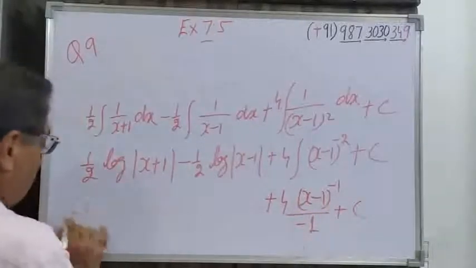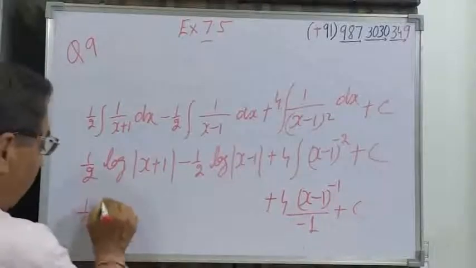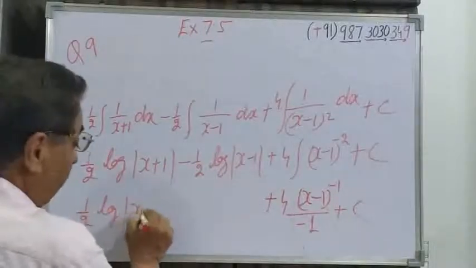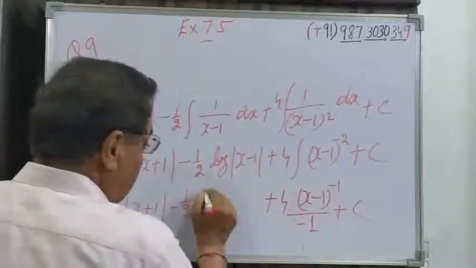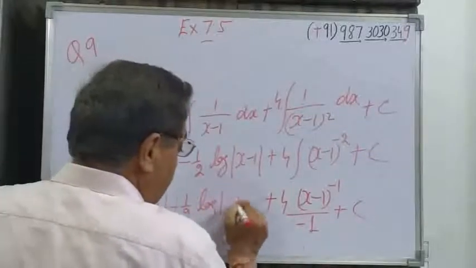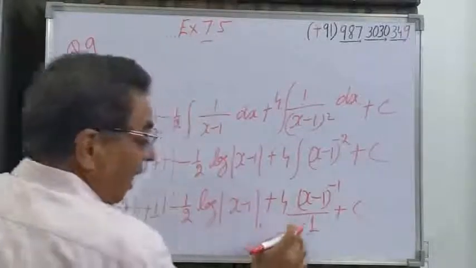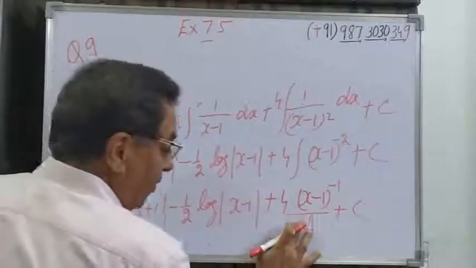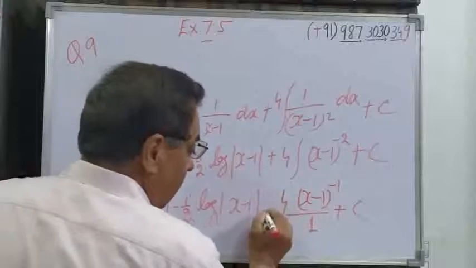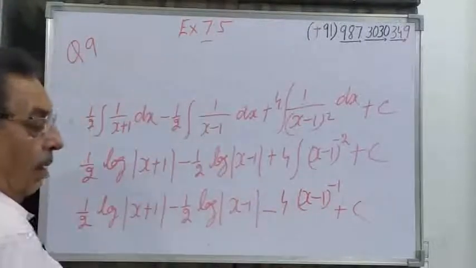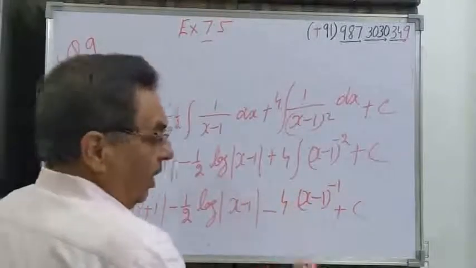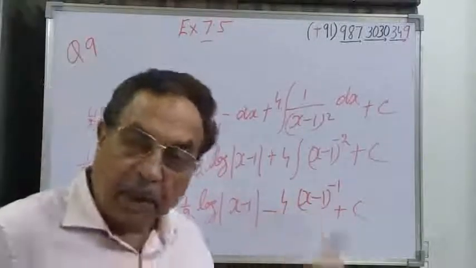The overall answer we are getting is half of log of x plus 1 minus half log of x minus 1, and this negative sign would jump to here, we get minus 1. So this is the final answer. Or it can be written in the denominator if we want to make it positive.